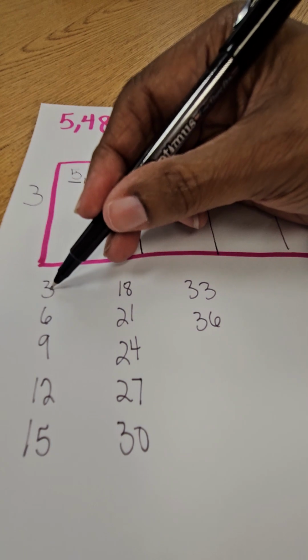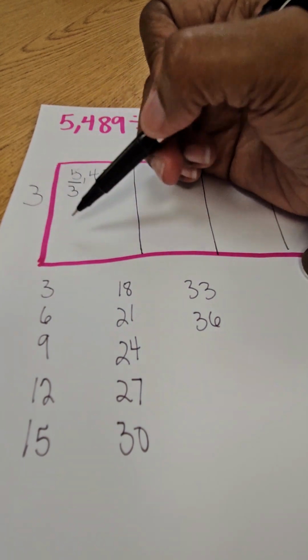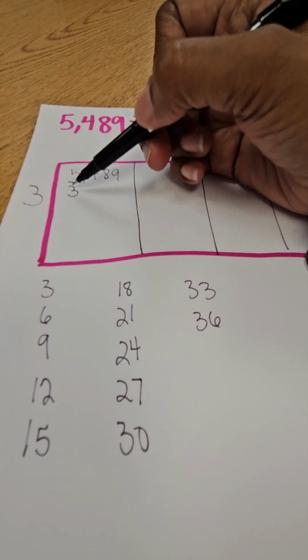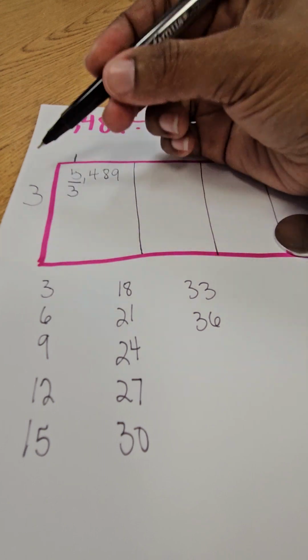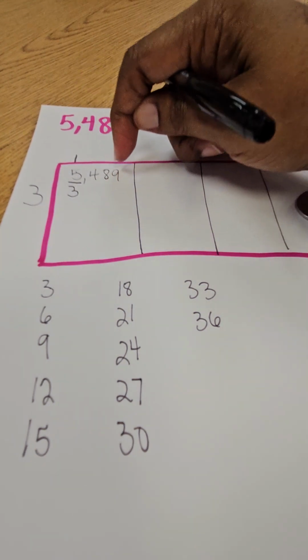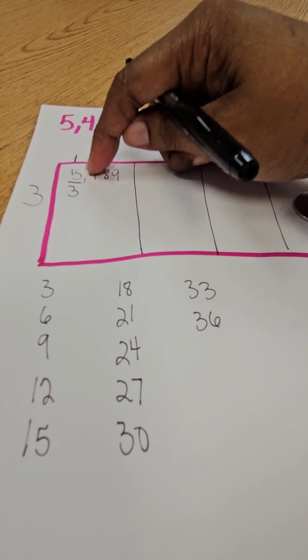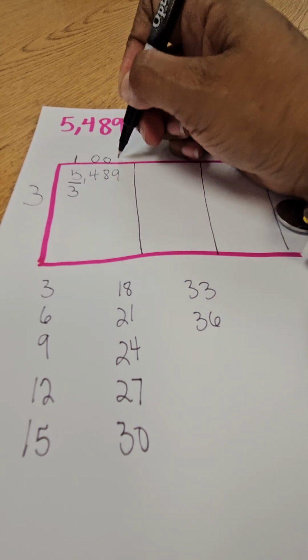So we take that 3, put it under the 5, and you ask yourself, 3 times what is this 3? 3 times 1 equals 3. We didn't use the 489, so we're going to put a 0 above each of those digits.